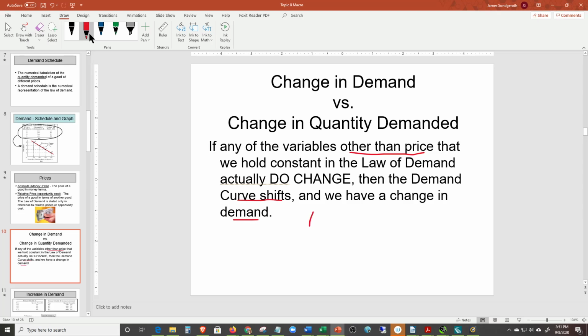For example, very quickly, we'll list quantity demanded along this axis, and I'm going to say price per unit on this axis. So we have demand curve 1. And let's say that we've been holding income constant. Now we let income rise. Well, that will shift the demand curve to a new position. And this is called a change in demand, but not a change in quantity demanded.